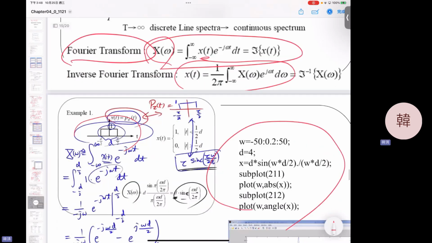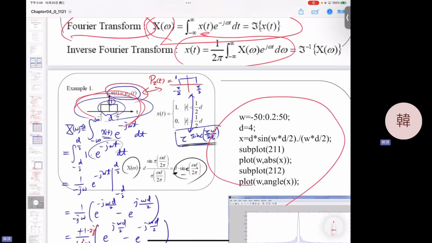In this example, previously we had a rectangular repeated signal. Now we don't have a periodic signal anymore. I cannot find the second rectangular pulse because the capital T goes to infinity. So the result goes like this, and you can also draw this picture.